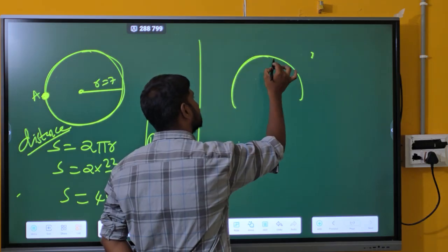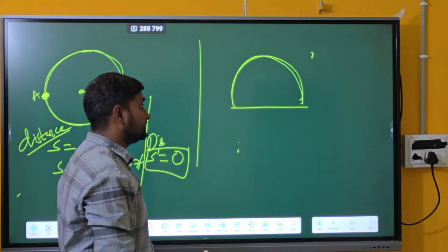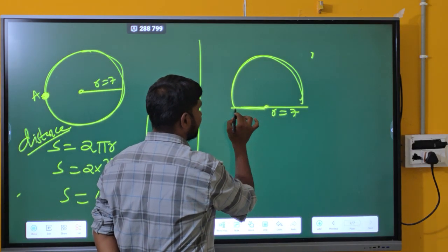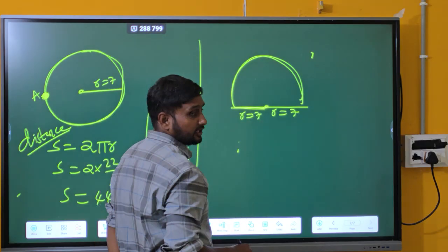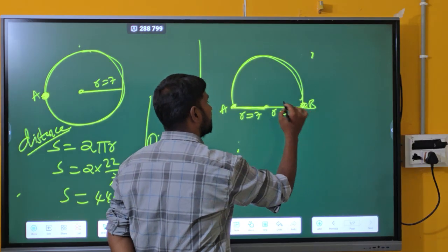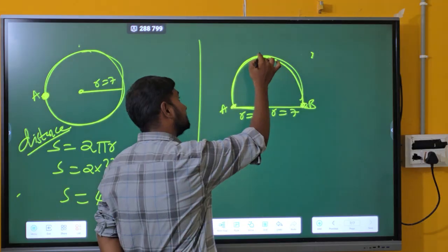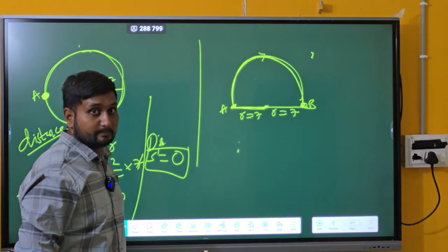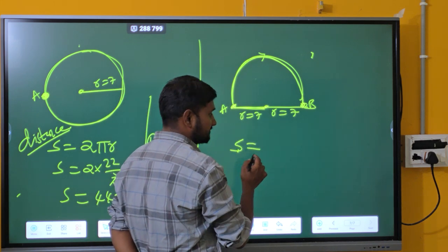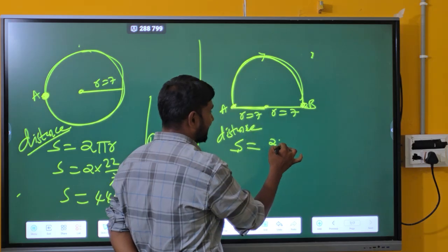If a body travels in a half circle, this is the half circle, and the radius is r equal to 7. The body travels from A to B, like this, in this direction. Now, half circle means the distance of the body is 2 pi r by 2.